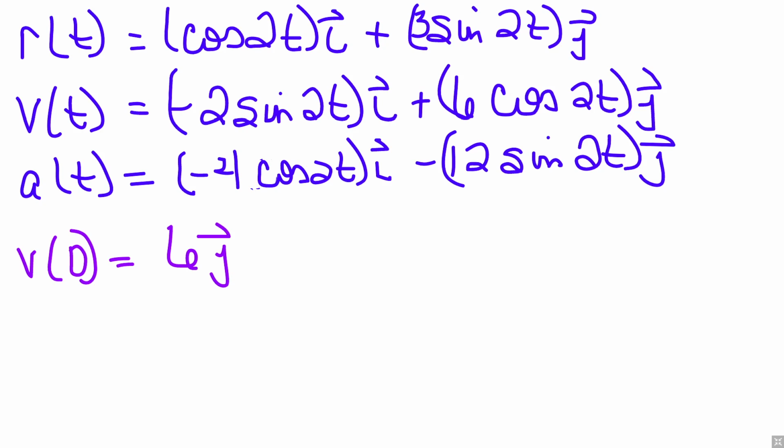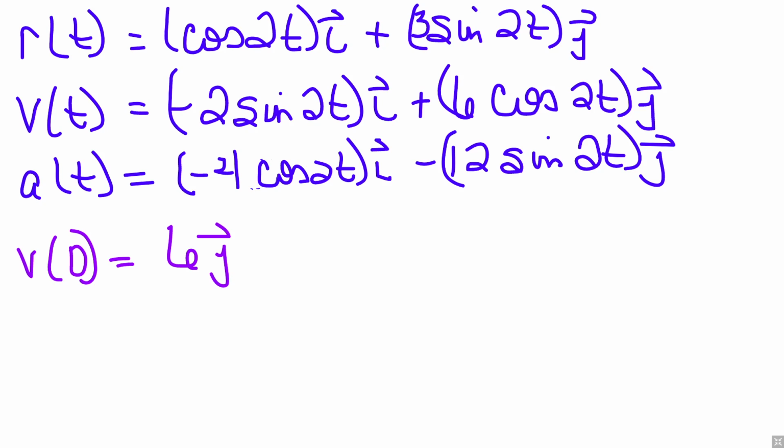Sorry, I forgot about that. Let's keep in mind if we put in 0 for t, the sine of 0 is 0. This makes this whole thing 0, so the i component is gone. Cosine of 0 is 1 times 6 is going to give us 6 in the j direction.